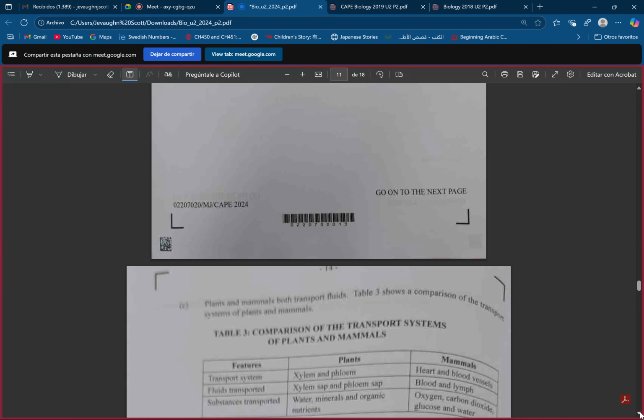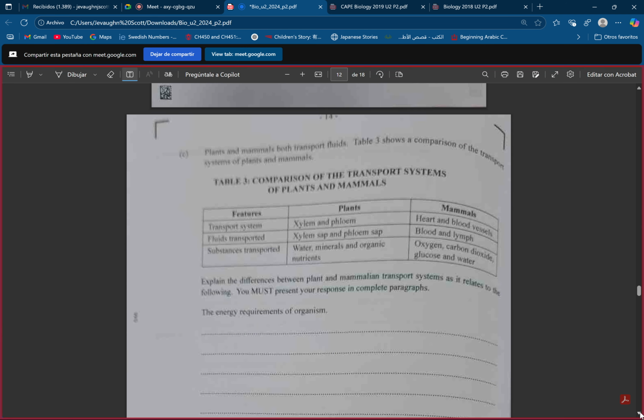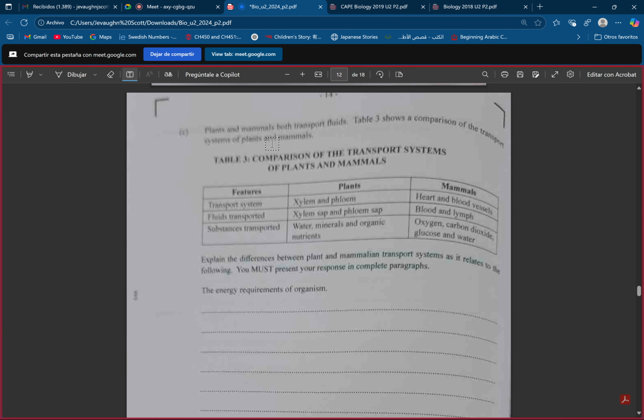Alrighty. So moving on, C. Plants and mammals both transport fluids. Table 3 shows a comparison of the transport systems of plants and mammals. So the feature that we're looking at now: transport system in plants we have xylem and phloem, and mammals have hearts and blood vessels, right?